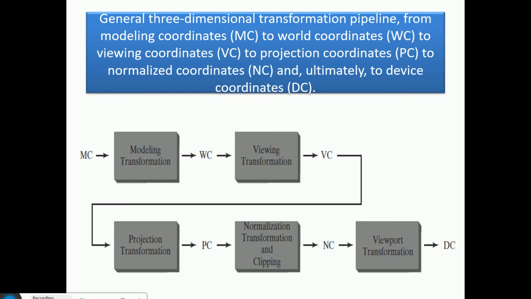Then the viewing coordinate system defines the viewing parameters, including the position and orientation of the projection plane. This is also known as the view plane, which we can think of as the camera plane.